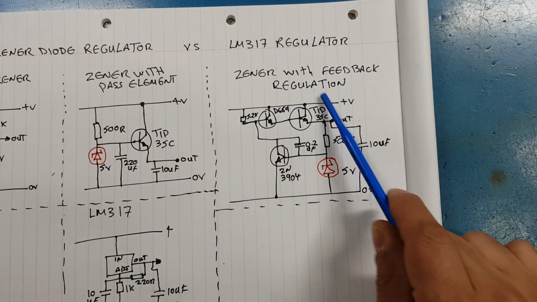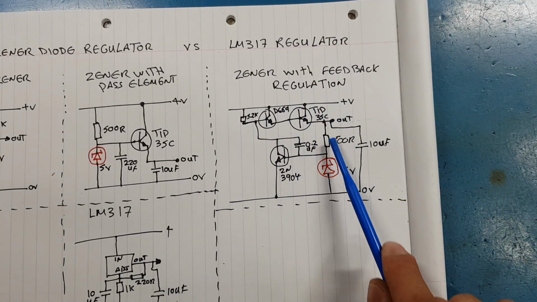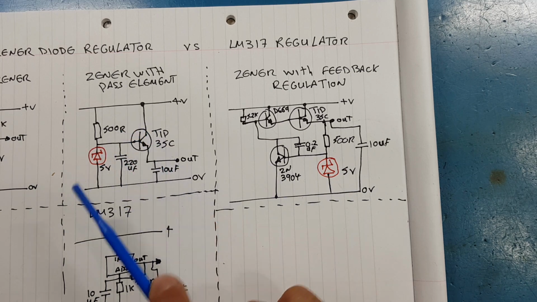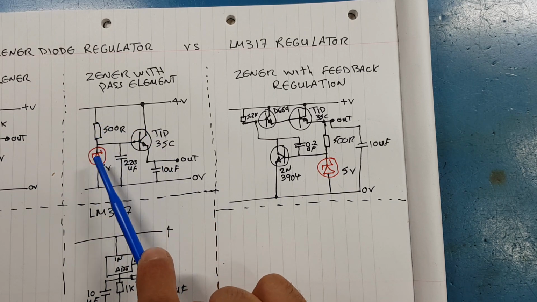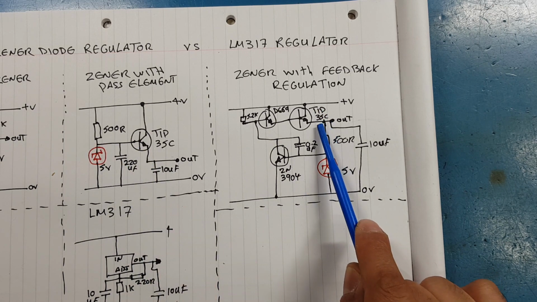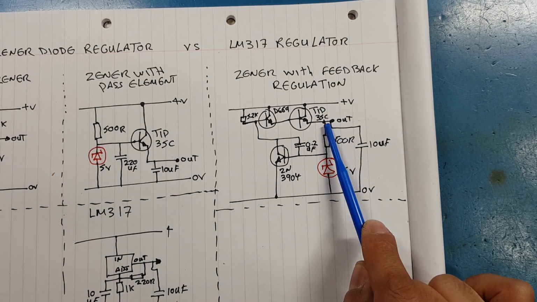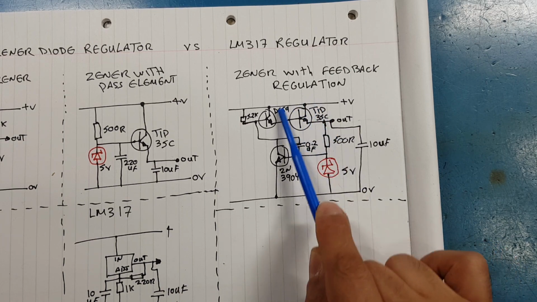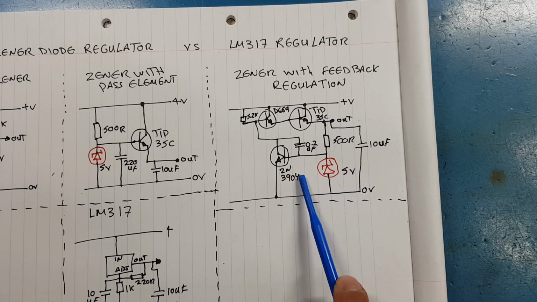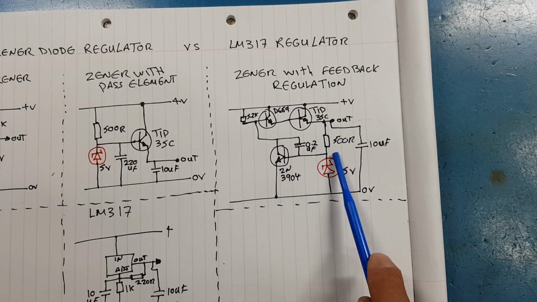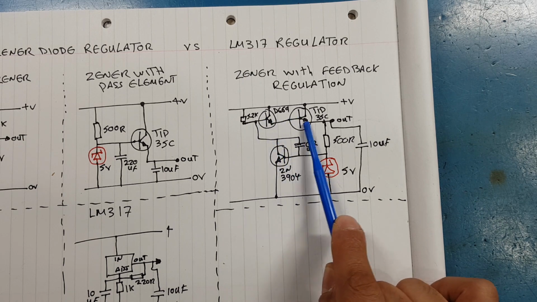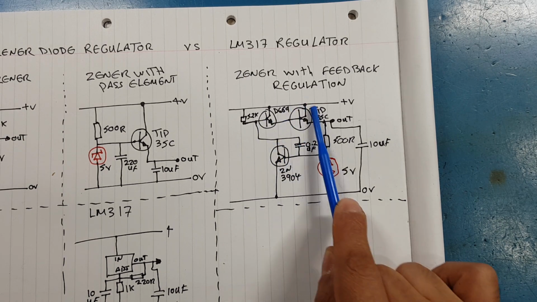Over here we have another circuit that has some form of feedback from the output, where the previous one didn't have any feedback. It was just whatever the set voltage of the Zener diode is, fed straight into the base. Here the output is taken from our output pass element, which forms a crude form of feedback, and is fed into our first transistor, then into our medium transistor, and then our pass transistor at the very end.